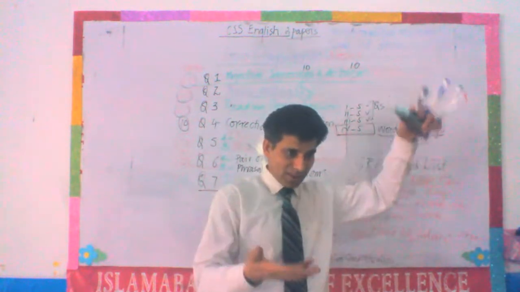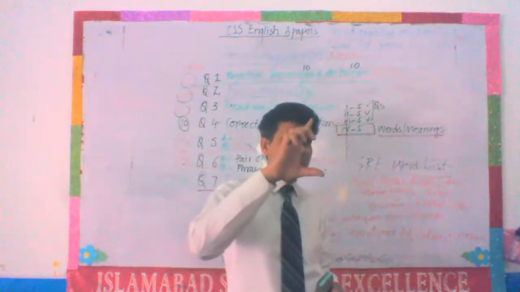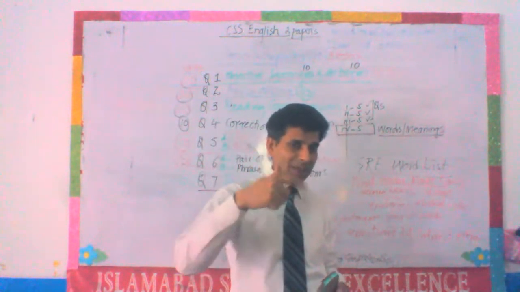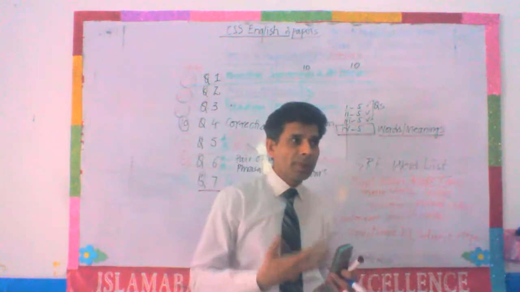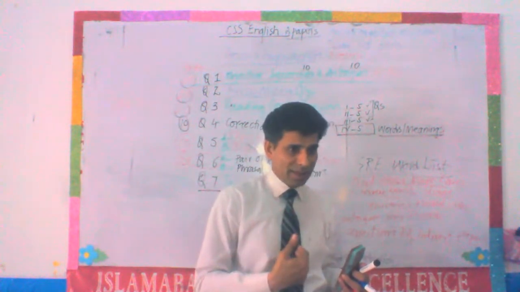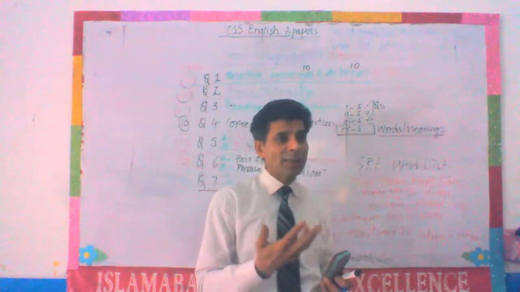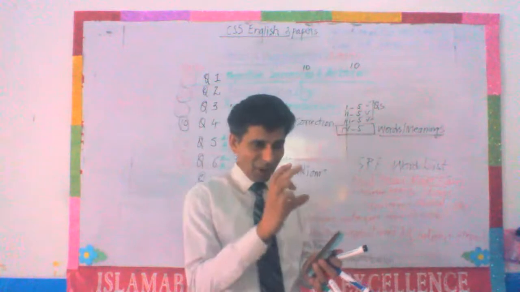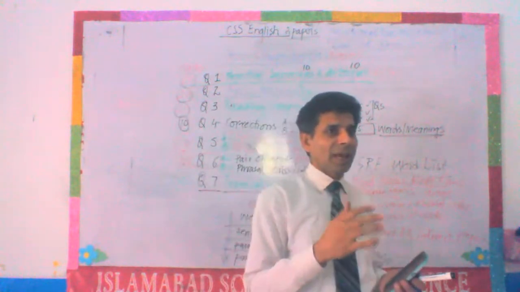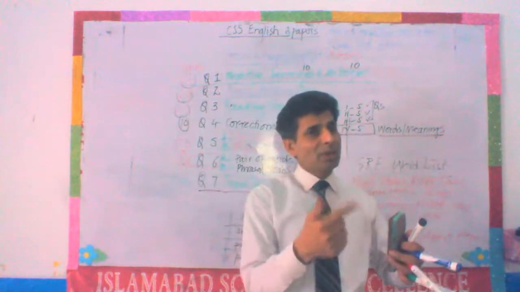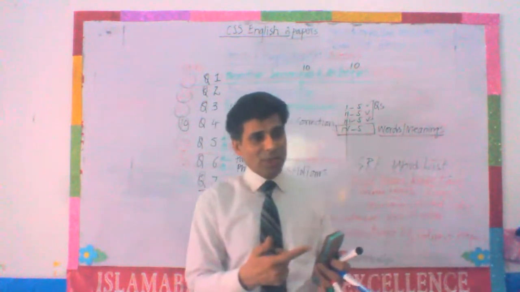Then he gives the theme of each word. Egoist is a combination of ego, and ego means I. So the person who thinks about himself is an egoist. He explains the theme in a short paragraph, and he has also added pronunciation, showing how to pronounce these words properly.